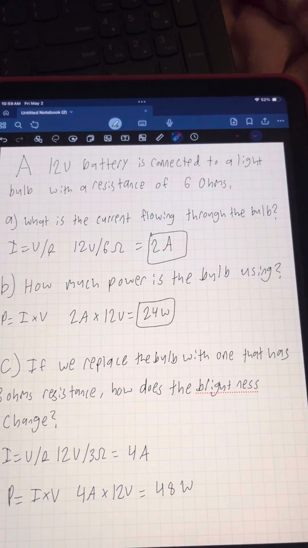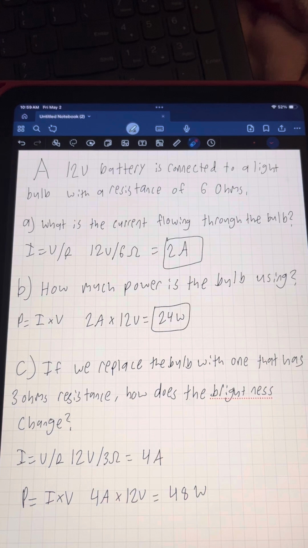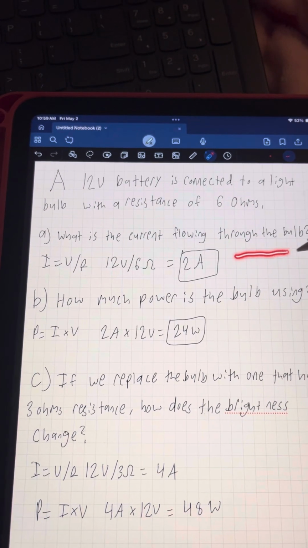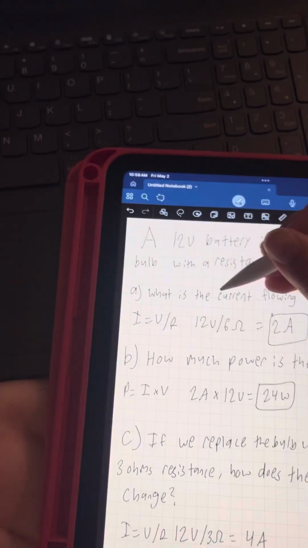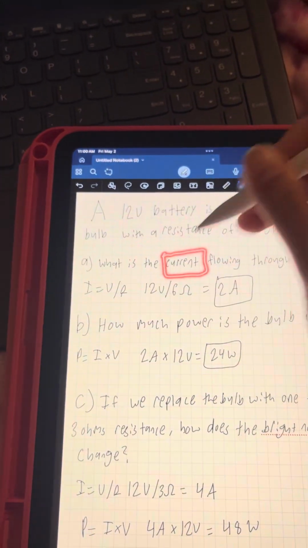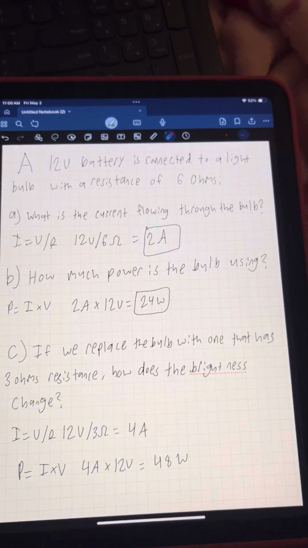Our first question is, what is the current flowing through the bulb? What we're looking to find here is that current. To find it, we're going to use Ohm's law.